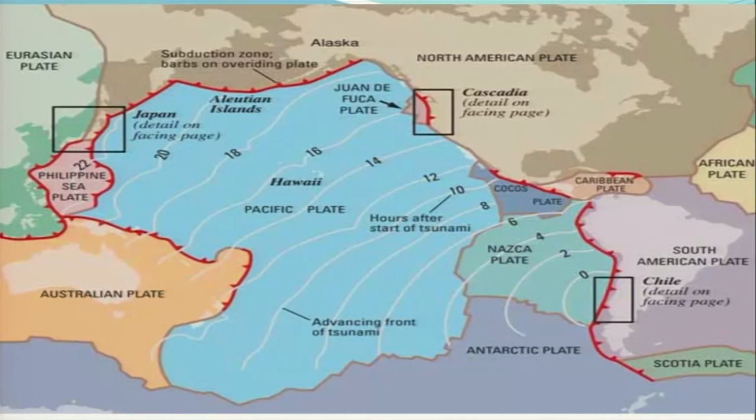So let's see a case study of the Chilean earthquake, that is 1960 magnitude 9.5. So if you see this, these are the times which have been given based on the modeling, it took almost 22 hours to reach this coast.